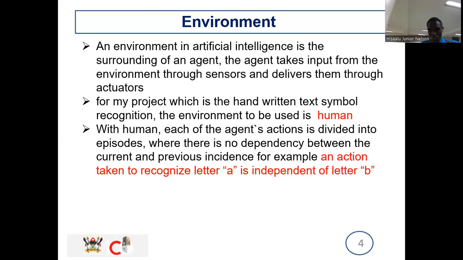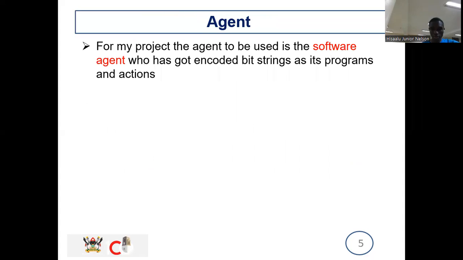So those splittings of the agent's actions, like if I get letter A, I identify, then I look at letter B. So those are the episodes I'm talking about. Then an action taken to recognize letter A is independent of letter B.